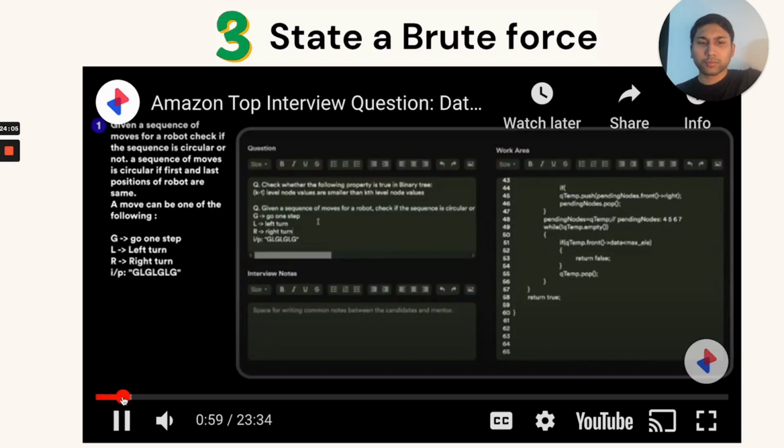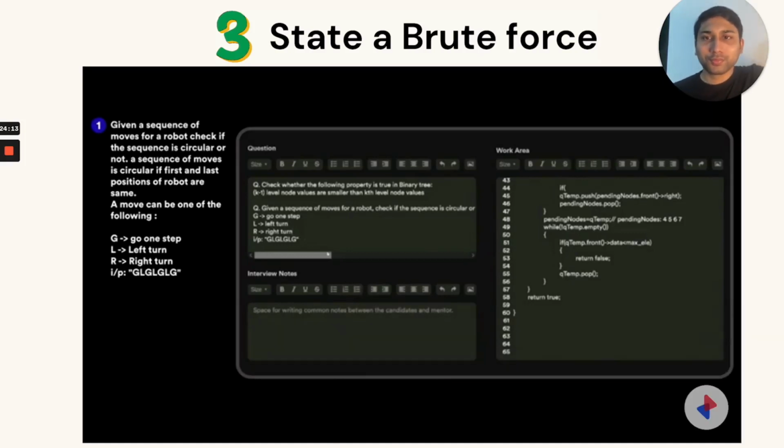Oh, 2D matrix. I cannot understand that part. Which part? What do you think is a 2D matrix? Oh, like the robot is in a 2D matrix. He's starting from a certain index. So you can see the question that is written.